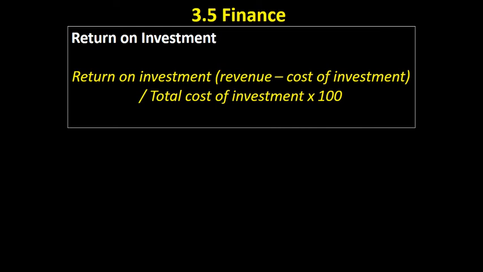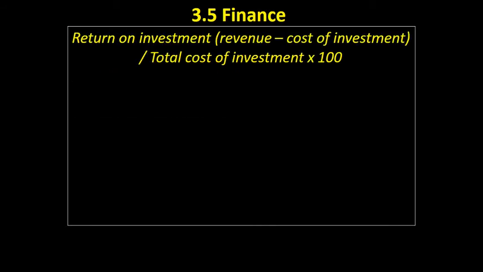Well, the formula is the total return on the investment, which is calculated by working out how much revenue has been gained as a result of the investment, and subtracting the cost of the investment. You divide the return on investment by the total cost of investment, and times by 100. So that's the formula.